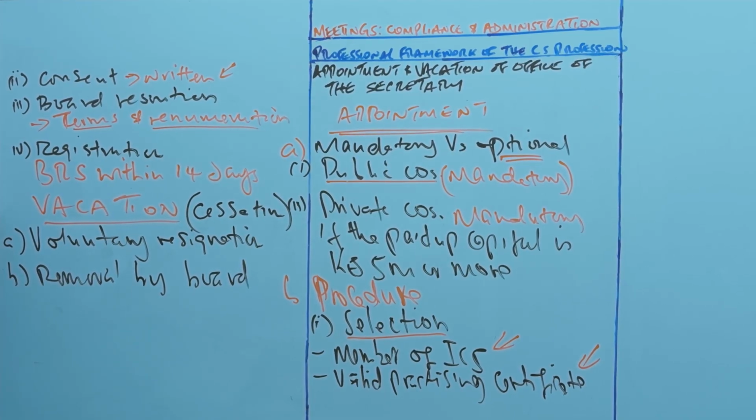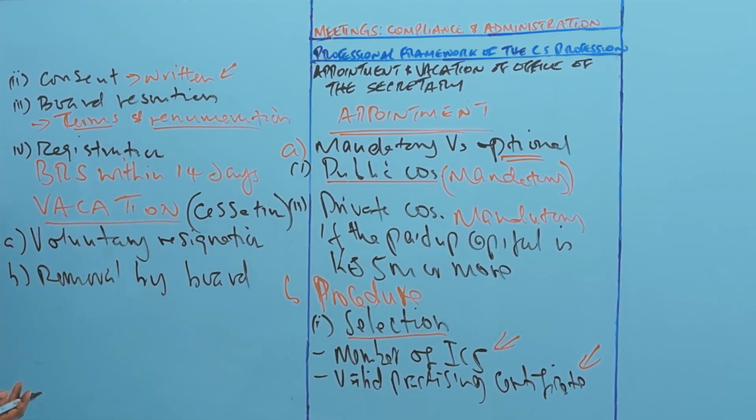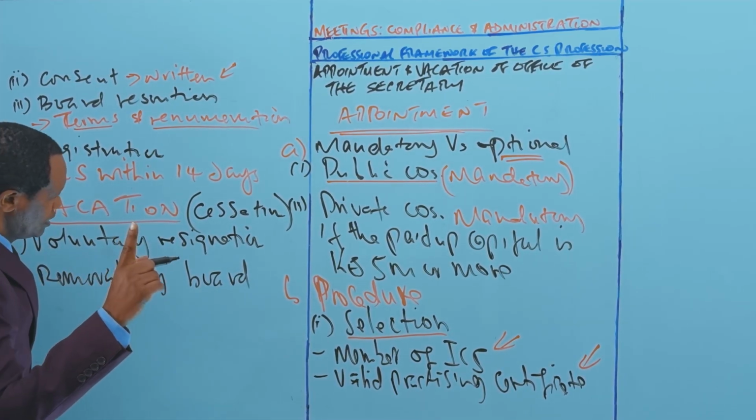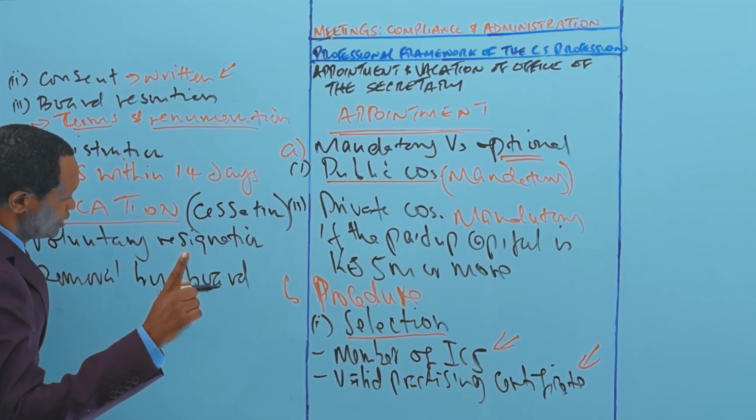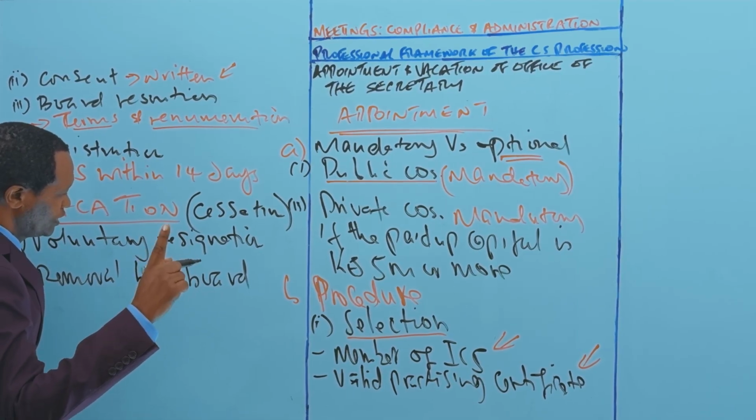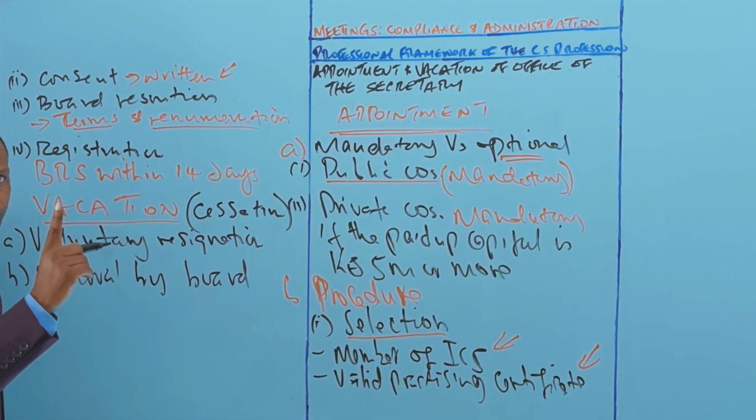And while the board has the power to remove a secretary, they must still adhere to the terms of the employment contract in order to avoid wrongful dismissal. You understand? The board which appoints the company secretary can again remove the company secretary through a board resolution.